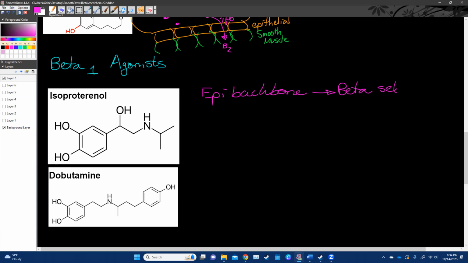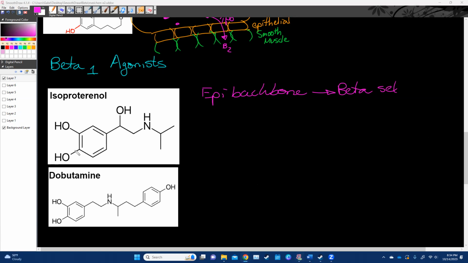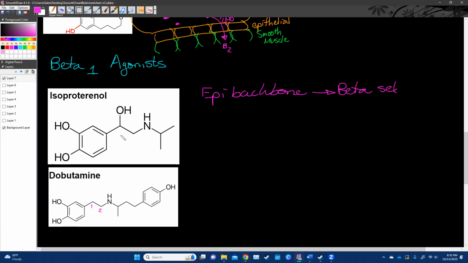What's the main difference in terms of the phenylethylamine backbone? So only looking at the phenylethylamine backbone, what's the biggest difference between isoproterenol and dobutamine? It's the same length of chain. So it's actually still the same two carbons. We'll talk about the tail in a second, but what do we notice in just the phenylethylamine backbone?